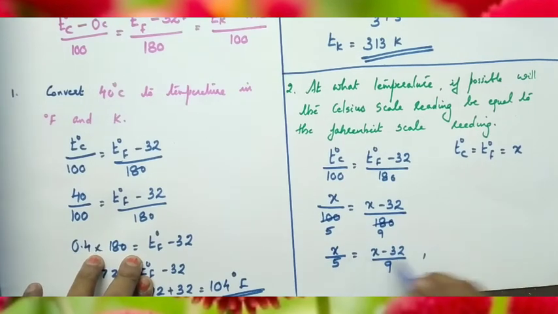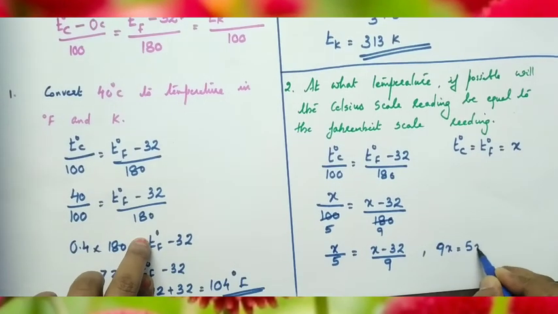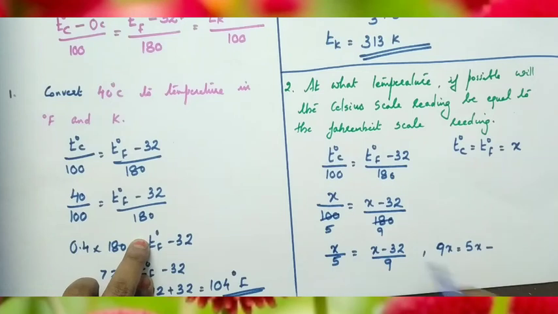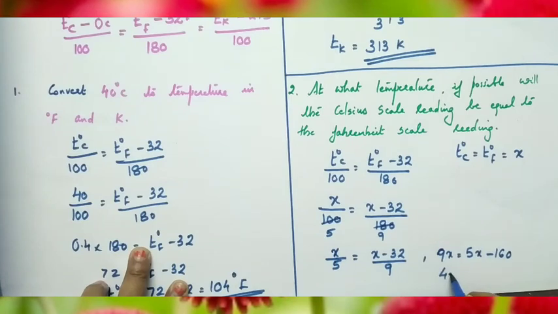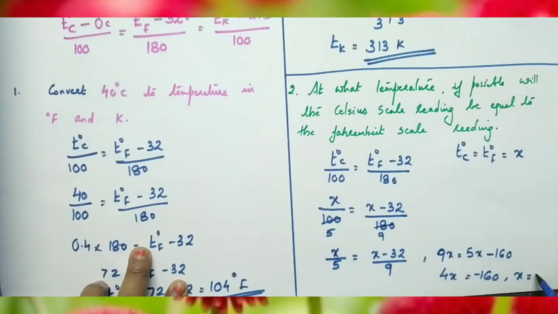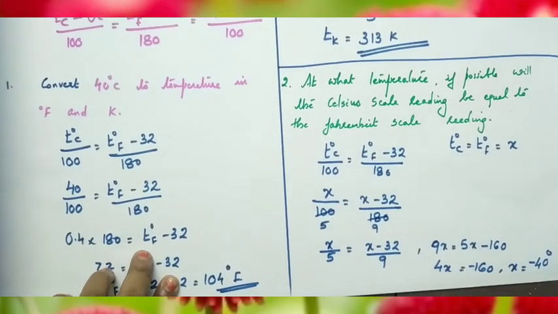Now, you can simplify: 9X is equal to 5X minus 32 into 5, which is equal to minus 160. Here 4X is equal to minus 160, so what is the value of X? X is equal to minus 40 degree Celsius or minus 40 degree Fahrenheit.